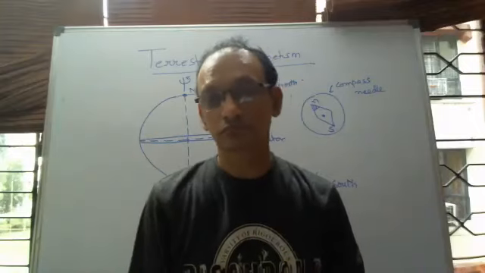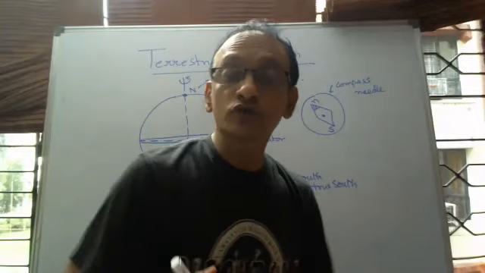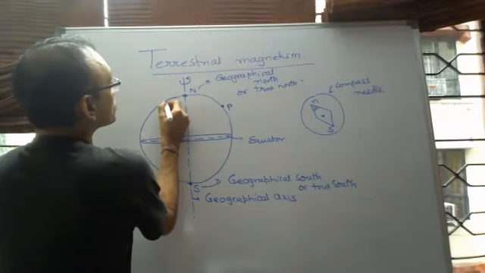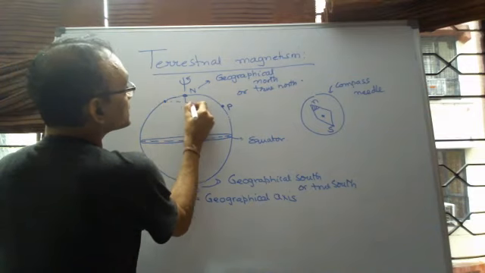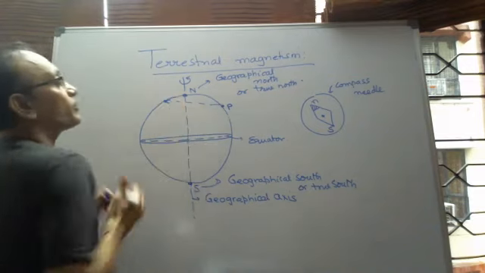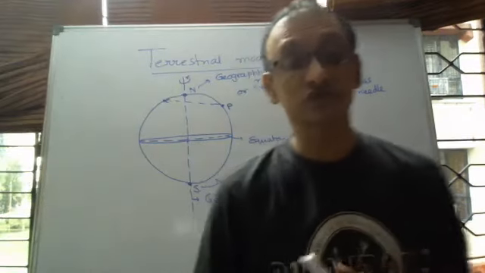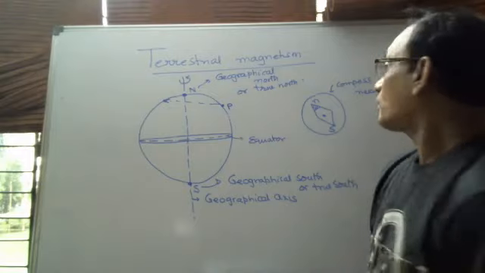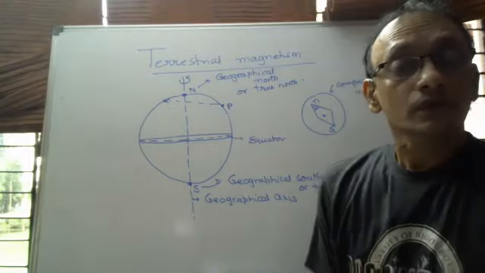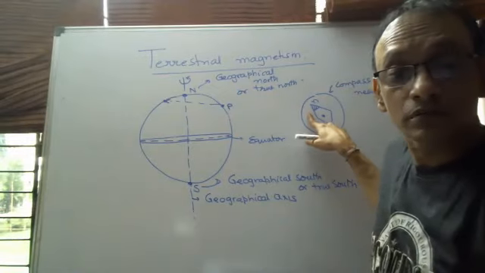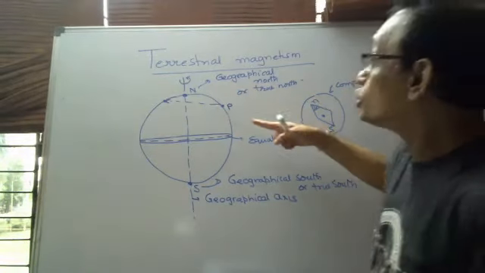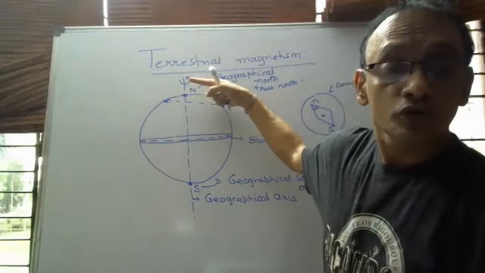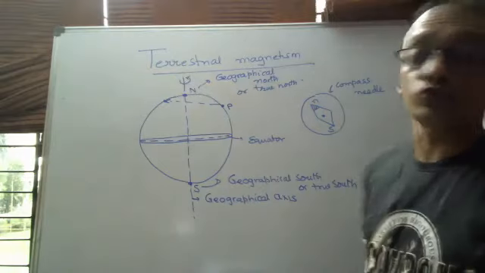You will not. If you keep following the compass needle, you would actually reach some other point on the surface, which means the north of the compass needle does not point towards the geographical North Pole.